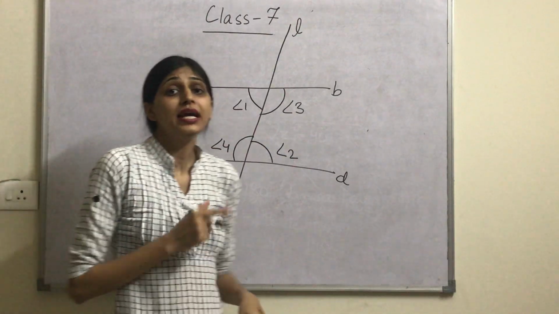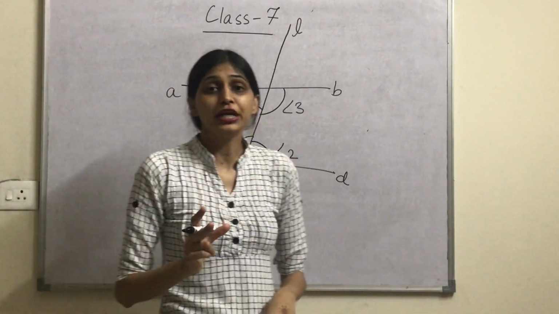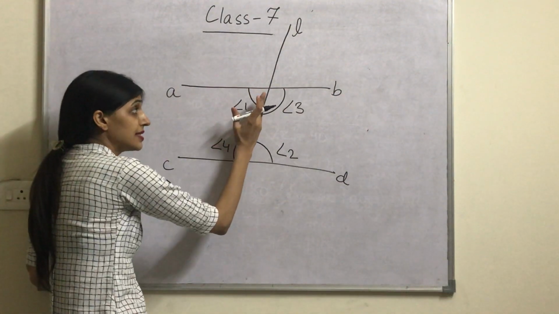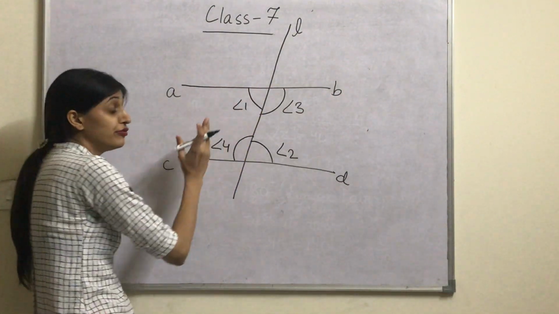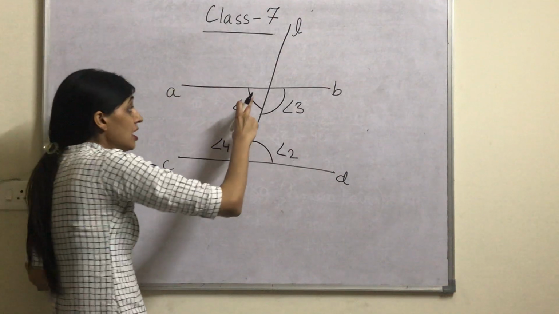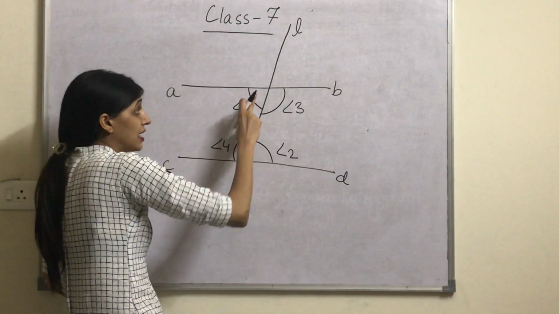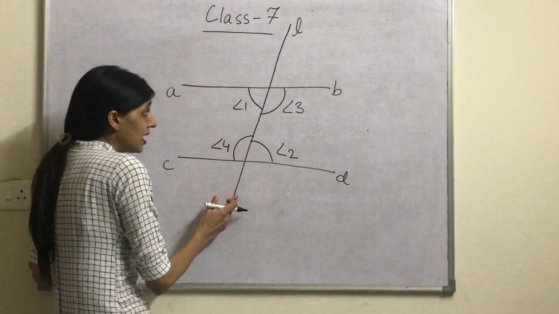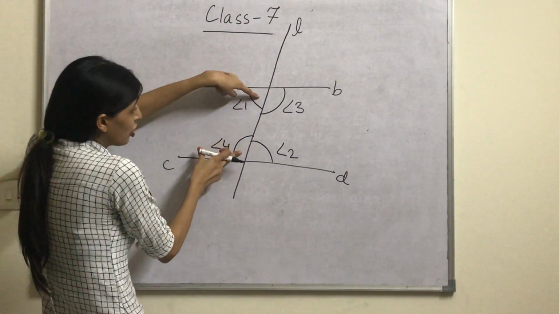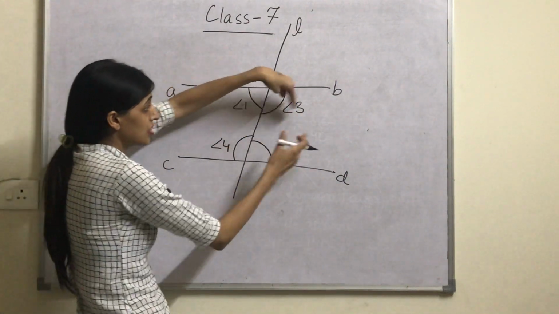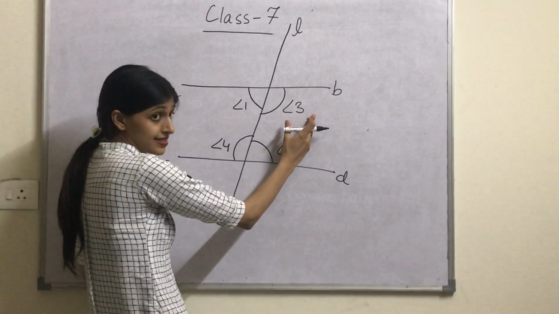Alternate interior angles. Second thing you need to understand is the angles on the same side of the transversal. This is the transversal, and these two angles are on the same side, this side, and these two angles are on the same side but on that side.